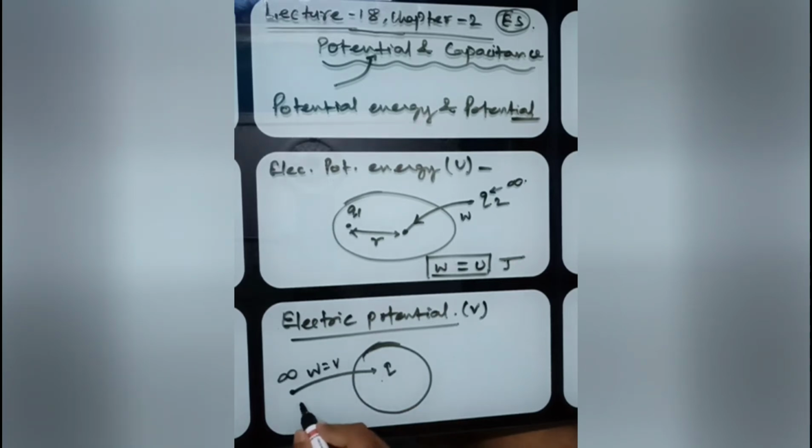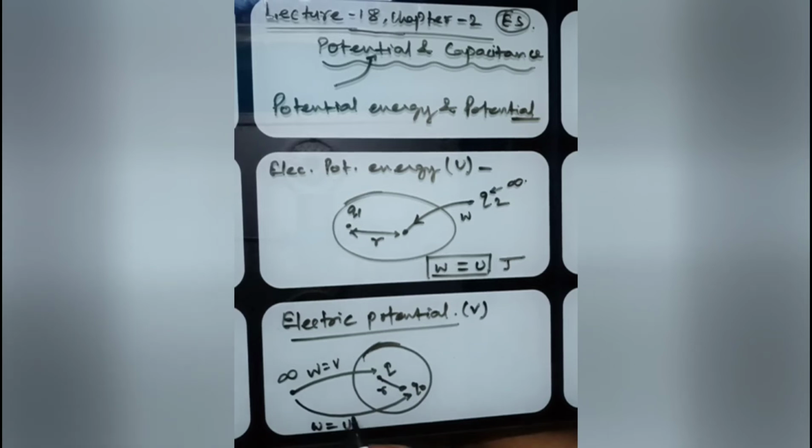But if you bring another charge, suppose Q naught, this is also a point charge, from infinity again, to make these two charges separate by a certain distance, now this amount of work done will be considered as potential energy. Why?